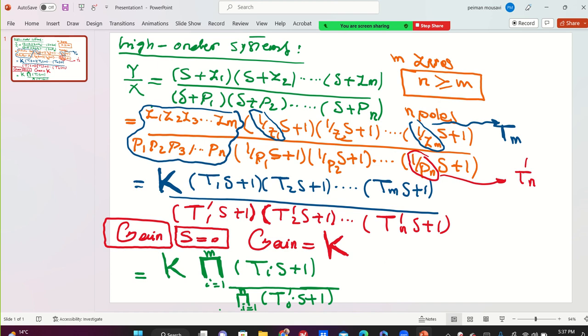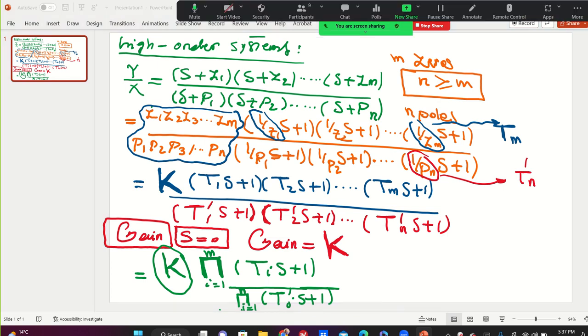Here we go. This is a standard notation of high order system in linear control, with the DC gain of K here. Clear, everybody? Yes? Can I go to the next page?